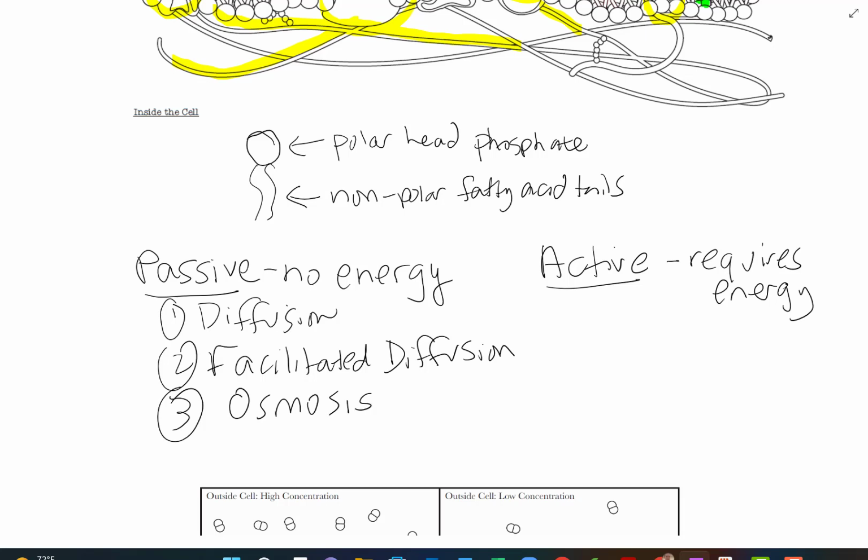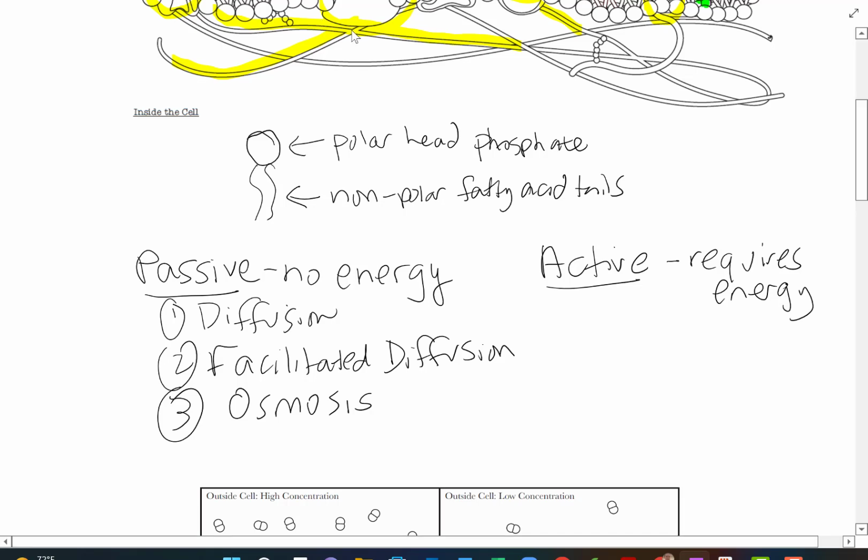We're going to talk about each of these in detail. Active transport requires energy. We have different types of active transport, three different types that we're going to end up discussing, but that's going to be a topic for another class period. Today we're focusing just on the passive transport, the transport that does not require energy.